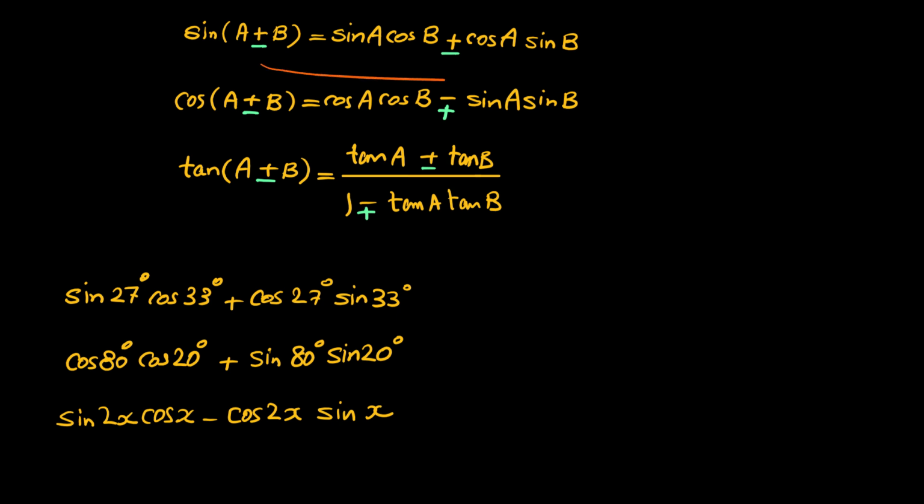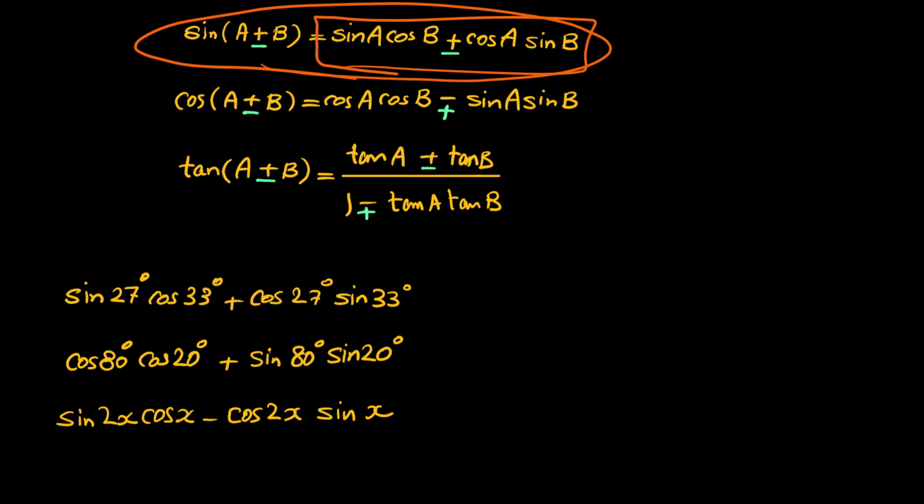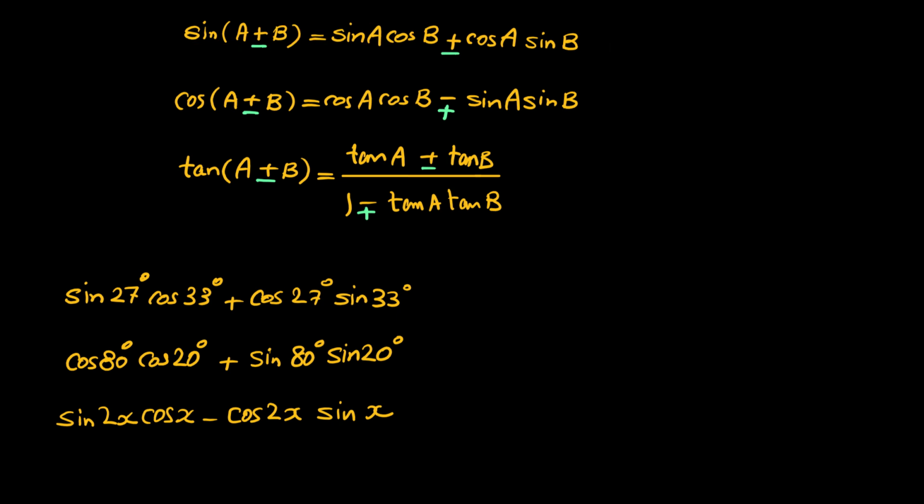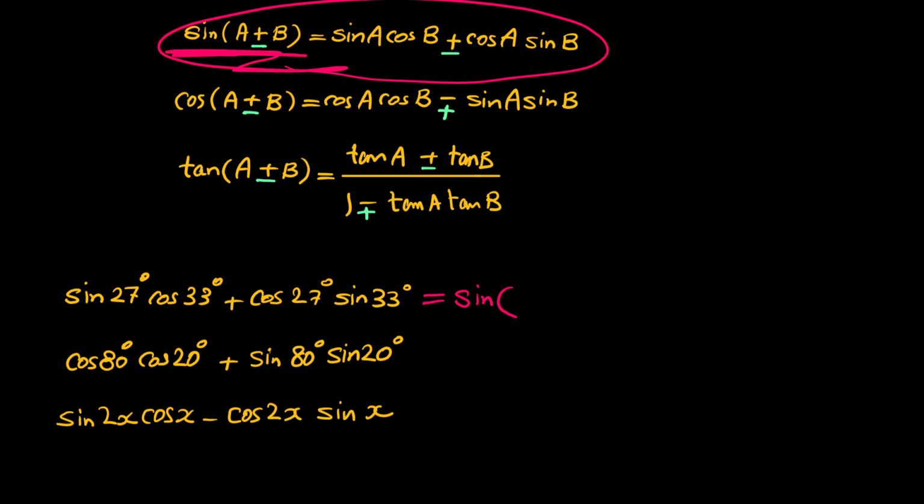From this identity, we know that we can write this as sine of the sum of these two angles. So we want to use this relation, but not from left to right. We want to use it from right to left.